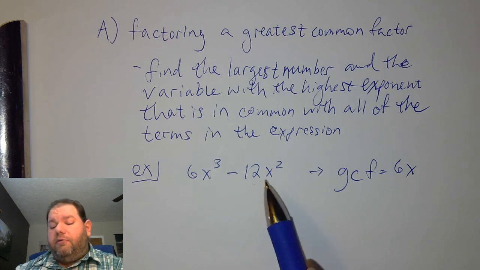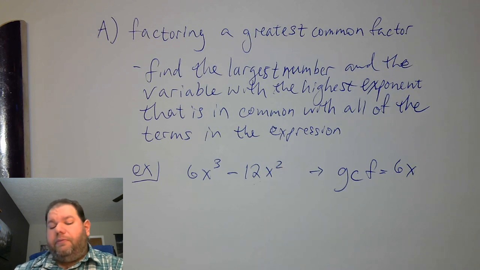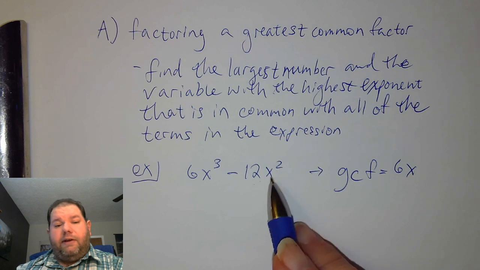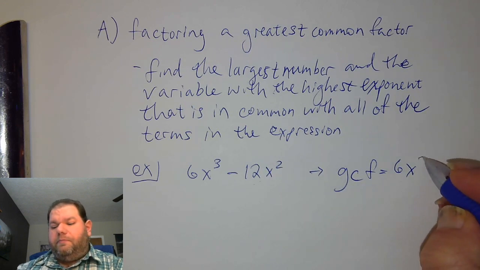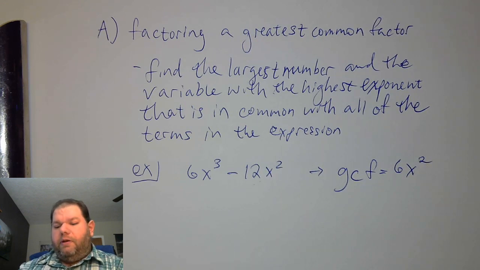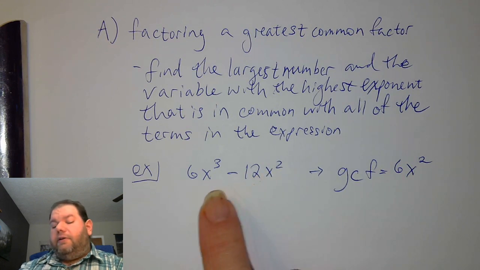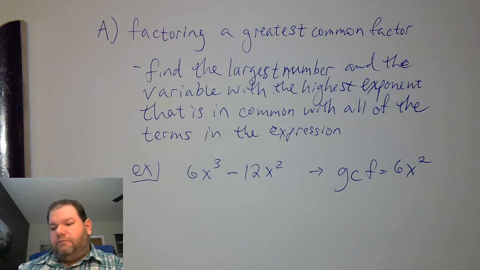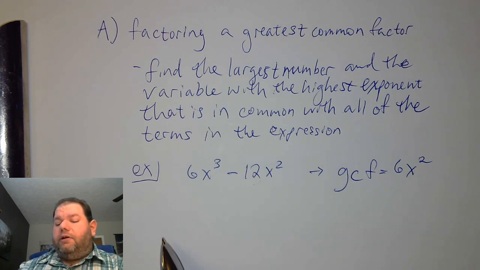Now we have x cubed and we have x squared as our variable expressions, so they each have x, but more to the point, they both have at least x to the second power. Okay? At least x to the second, if not x to the third. So step one is identifying what the common factor is.